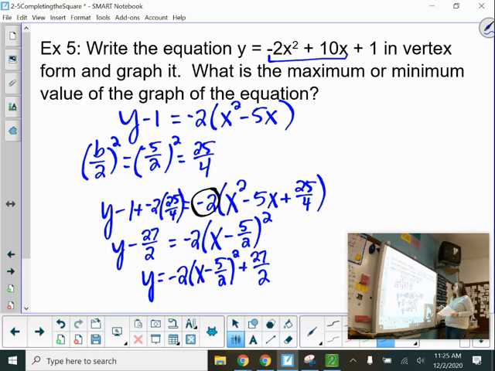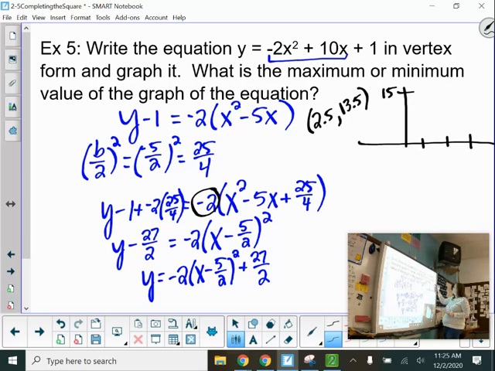So it says graph it. I'm just going to do a quick graph here because I don't have a whole lot of space. So we have 2.5, my vertex is actually going to be as decimal, 2.5, 13.5. So I would be up about like this.